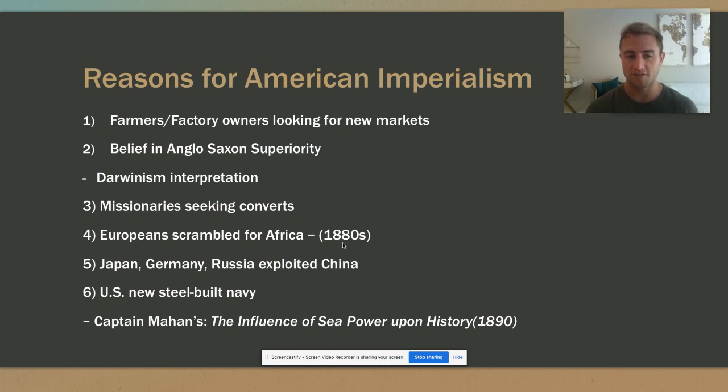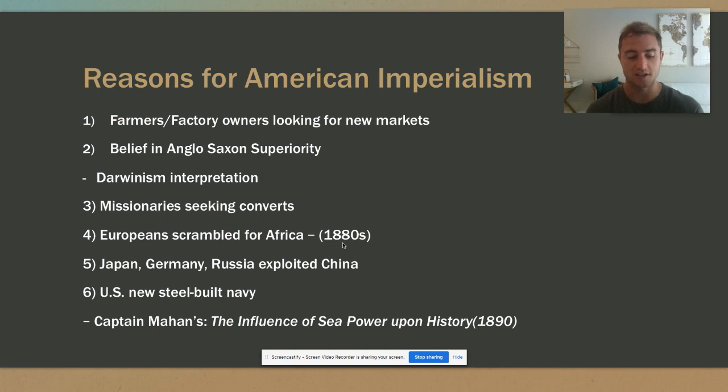Also, a prevailing belief in Anglo-Saxon superiority rears its ugly head in this time period, really started by Europeans in their initial start of imperialism in the era, where we see, for instance, the British in India or the scramble for Africa. This is going to set the tone with this belief in Anglo-Saxon superiority. And then that interpretation of Darwinism, that social Darwinism, where it was suggested, obviously, by Darwin that there are some groups that are more evolved, that are more advanced than other groups.